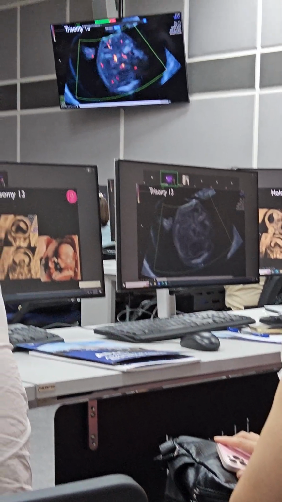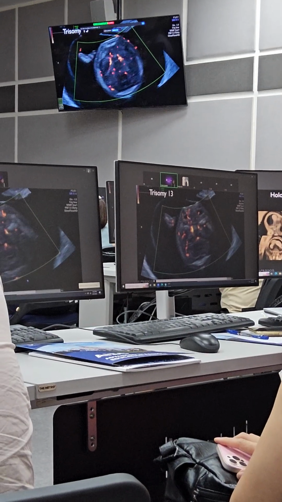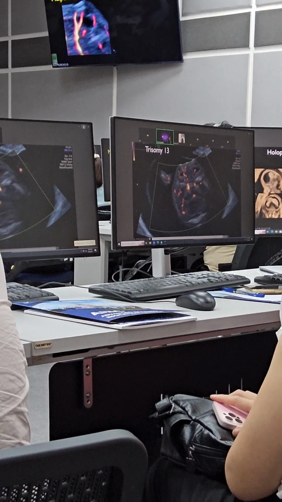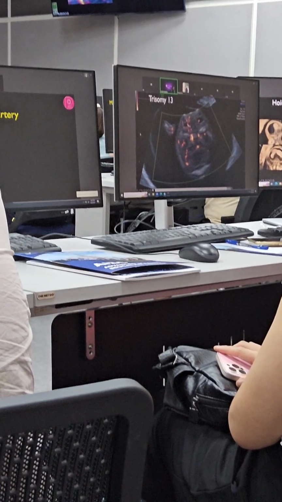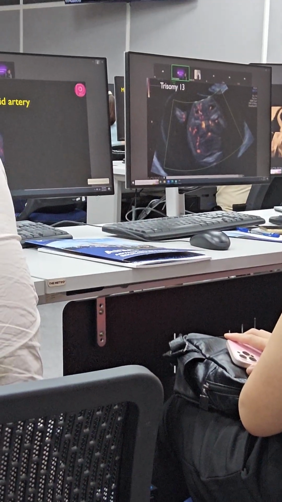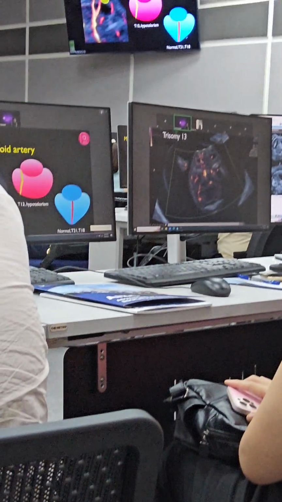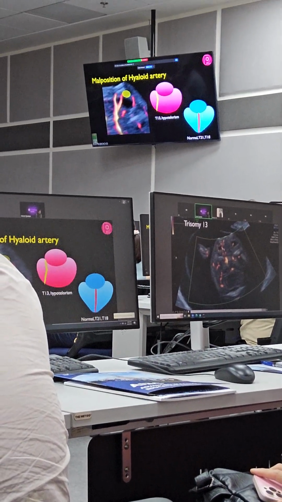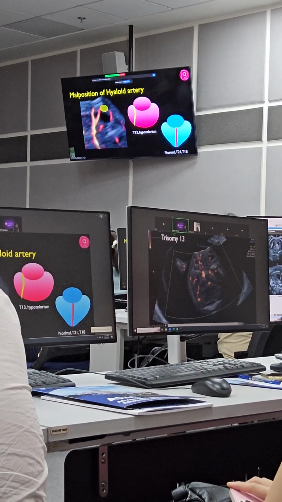Here is trisomy 13, and I think here you can see this is the lens. This is the lens. However, this is normal, and I looked at many of the trisomy 21 and 18 cases, and they had a normal structure of the hyaloid artery.